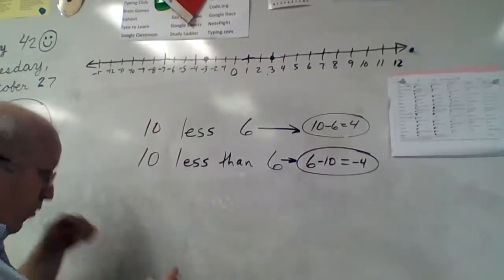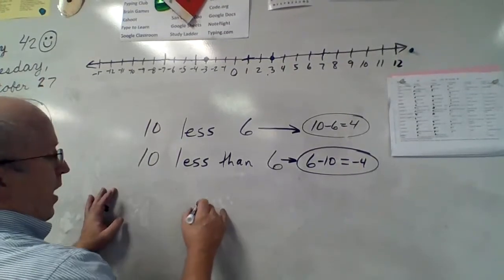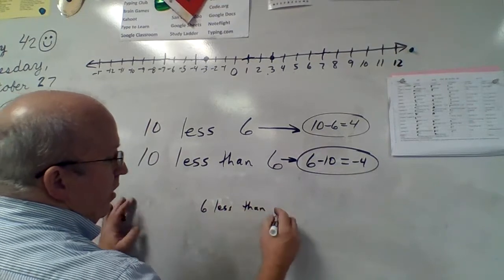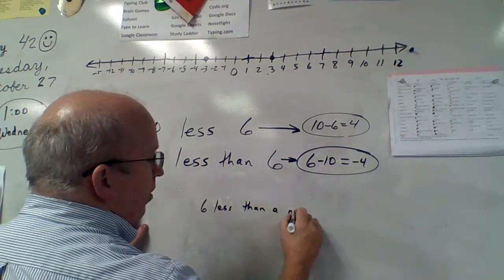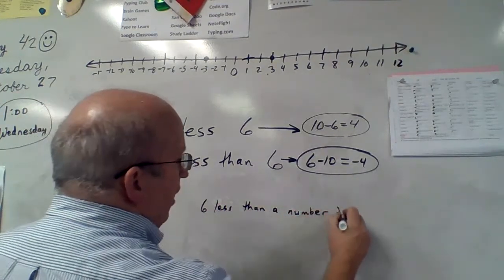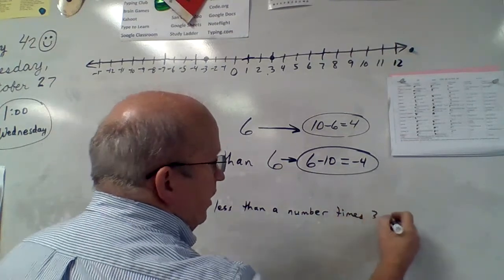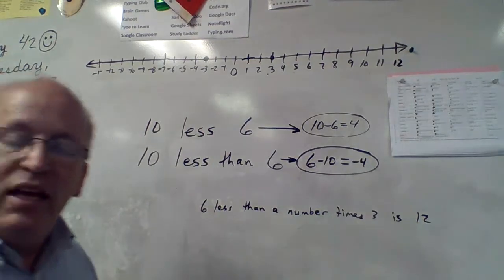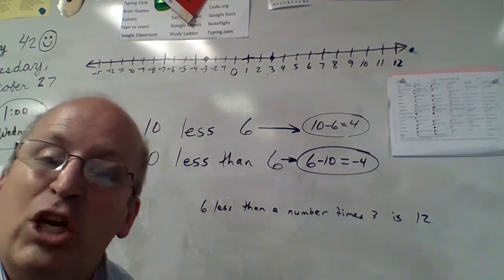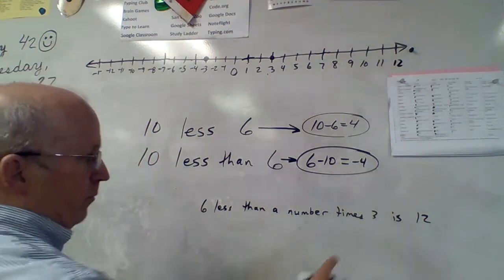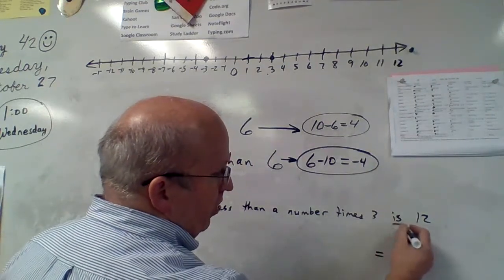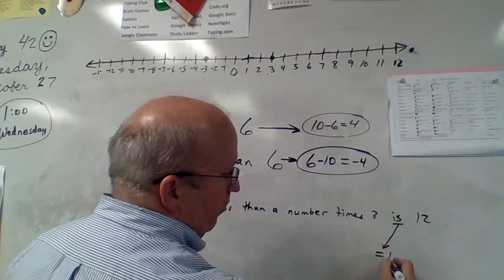If somebody wrote, for example, the following problem, 6 less than a number times 3 is 12. How would I change that into a mathematical equation? Well, that's the equal sign, so it's is 12.